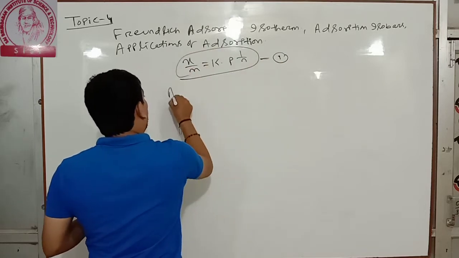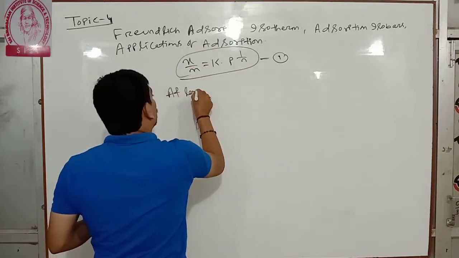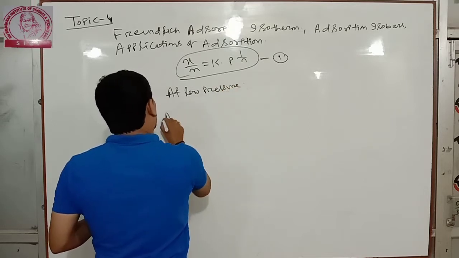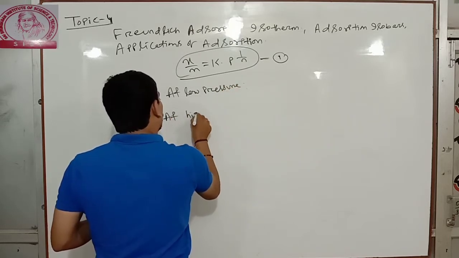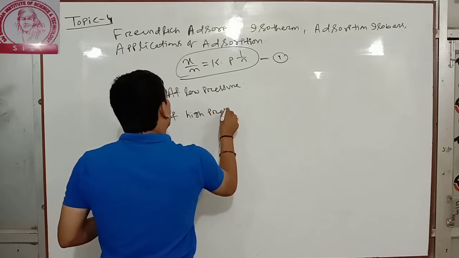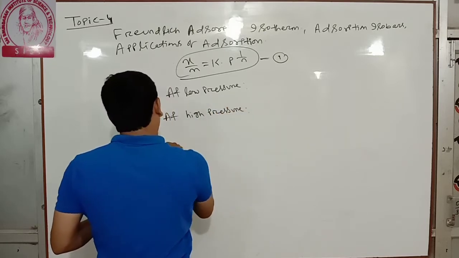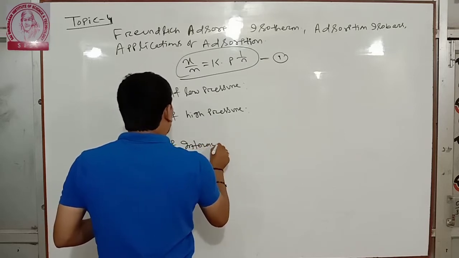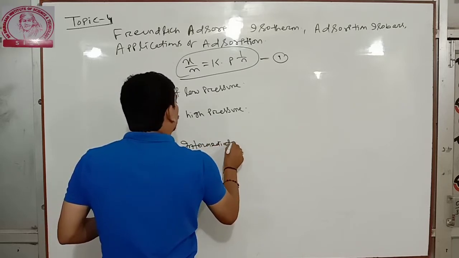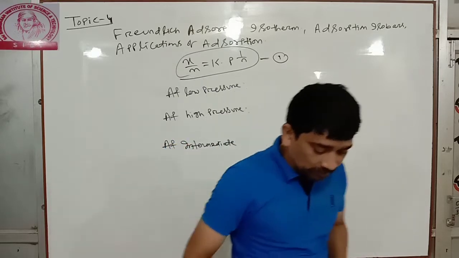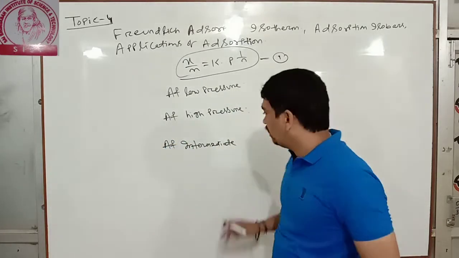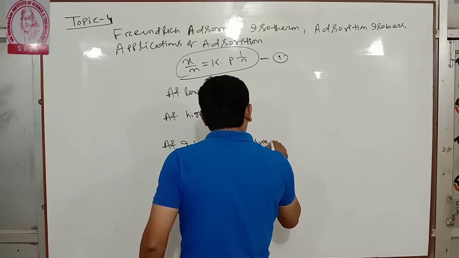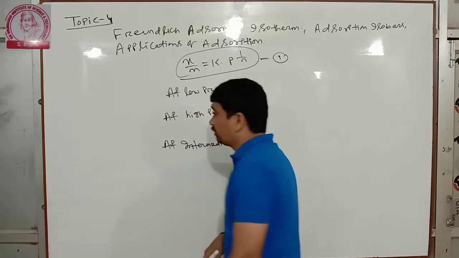From this equation, three things we will discuss: at low pressure, at high pressure, and at intermediate pressure.